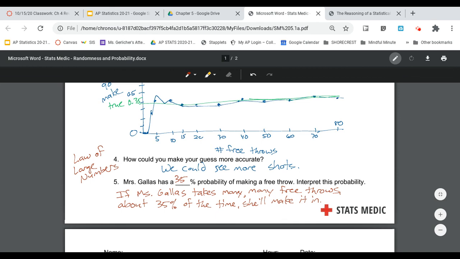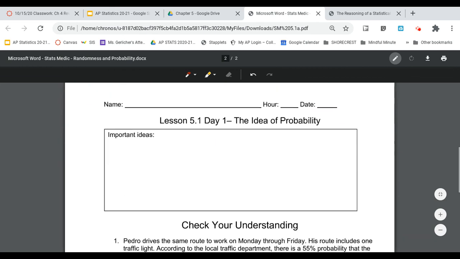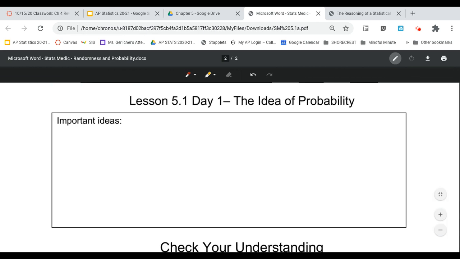Okay, so let's go down to the important ideas and fill that in. Really, it's just some basic ideas of probability, which for some of you is going to seem really easy because you've seen it before, and some of you haven't seen probability since middle school, or it's been many years, so it's kind of feeling like you're starting from scratch.